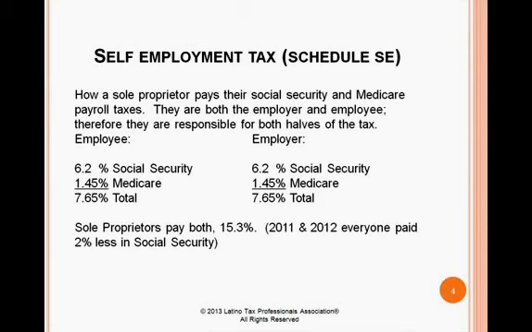Self-employment tax is calculated and reported on Schedule SE. It's how a sole proprietor pays their Social Security and Medicare payroll taxes. Because they are both the employer and the employee, they are responsible for both halves of the tax.